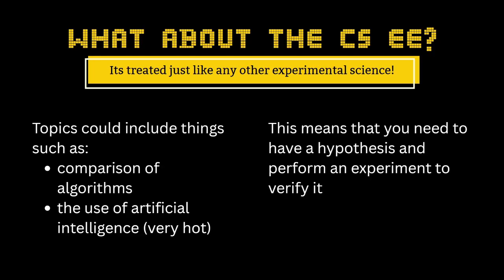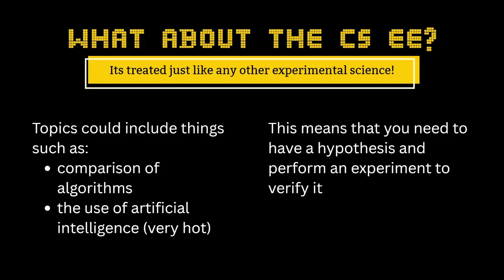So a lot of people are using artificial intelligence to achieve many things, and you can try to use that so you can compare different architectures of artificial intelligence and how they perform in doing specific tasks. Or if you're comparing algorithms, you can try different algorithms, perhaps in terms of pathfinding or computational geometry. For example, I myself did one on computational geometry, specifically on the algorithms of convex hulls.